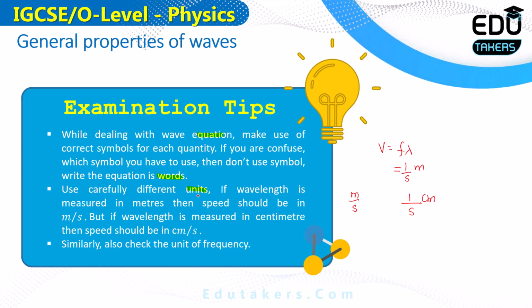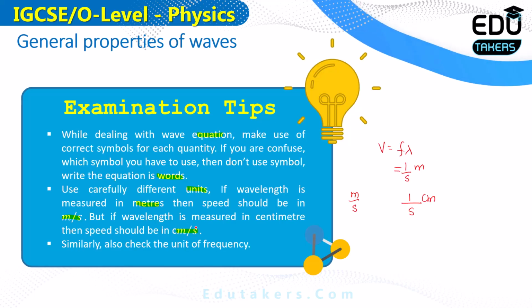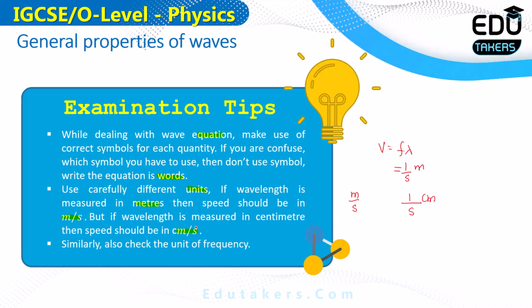Use different units carefully. If the wavelength is measured in meters, then the speed should be in meters per second. But if the wavelength is measured in centimeters, then the speed should be in centimeters per second. Similarly, also check the unit of the frequency, because the frequency is measured in hertz as well as per second. Both of these are the units for the frequency.